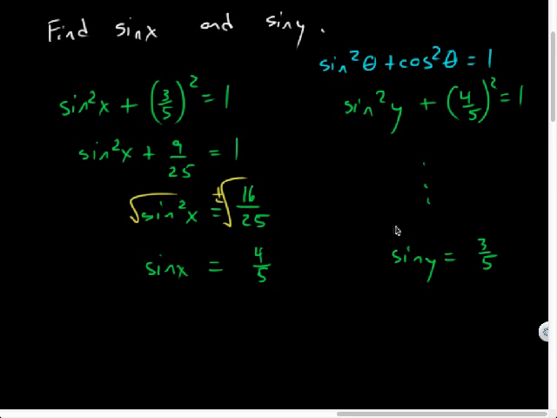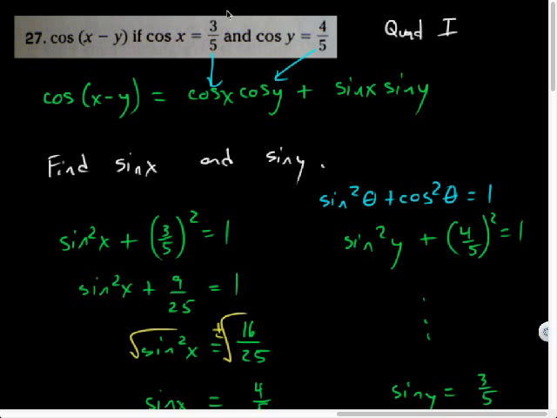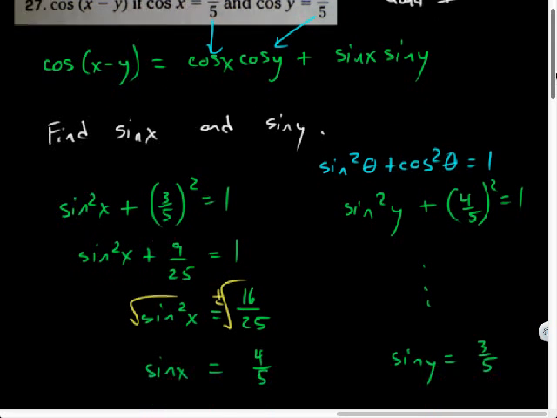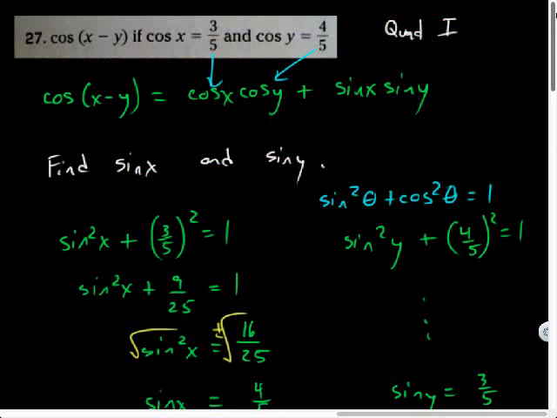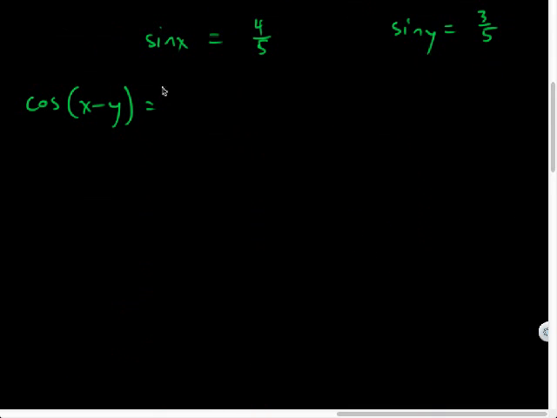Yep. So now that I have this, and this, I can just merely plug it into this long equation, and I'll get cos x minus y is equal to, what were the first two? 3/5 and 4/5, plus sine x times sine y.